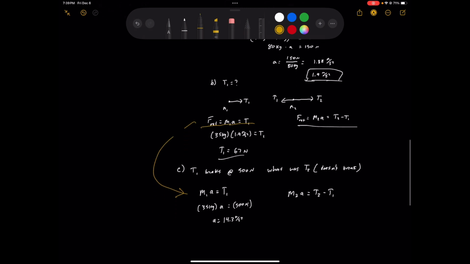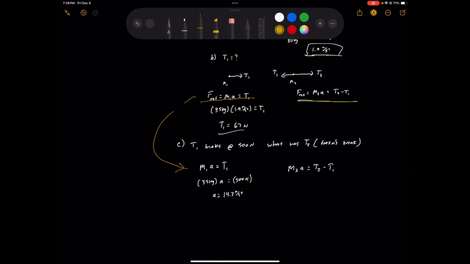So we set M2A as equal to T2 minus T1. So I'm going to put that over here so I can look at it. And let's plug in the values. So we know using Newton's second law on the first mass, the acceleration has to be 14.3. These two masses are moving together. They're going to have the same acceleration.